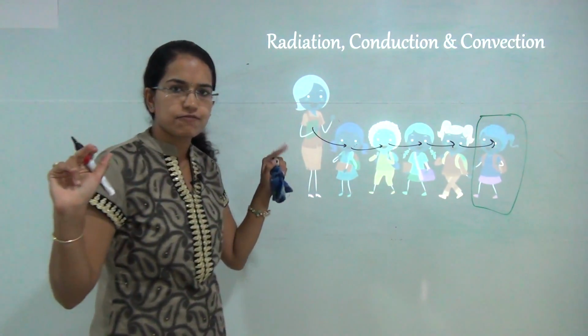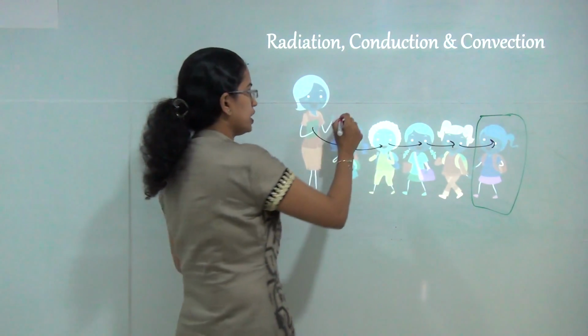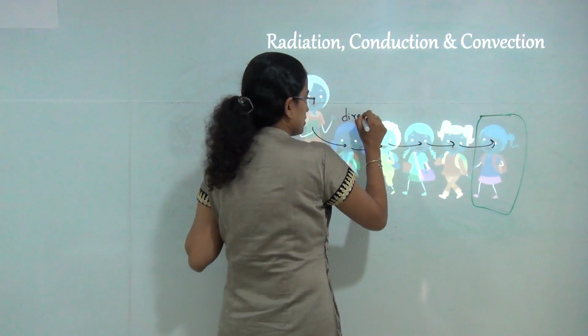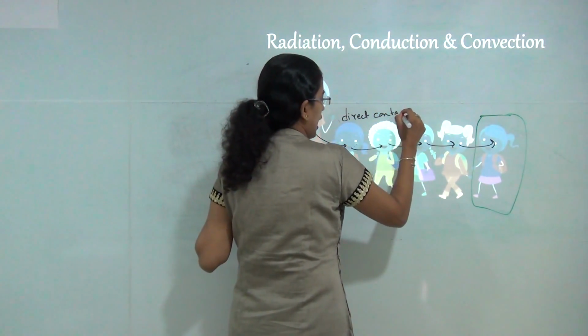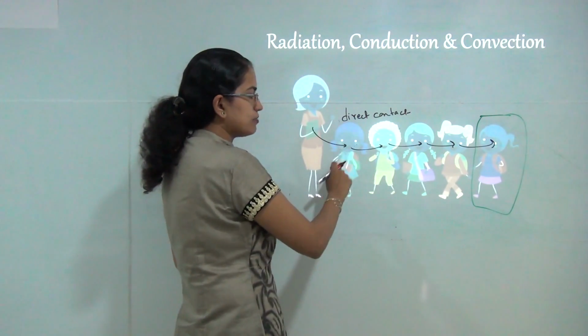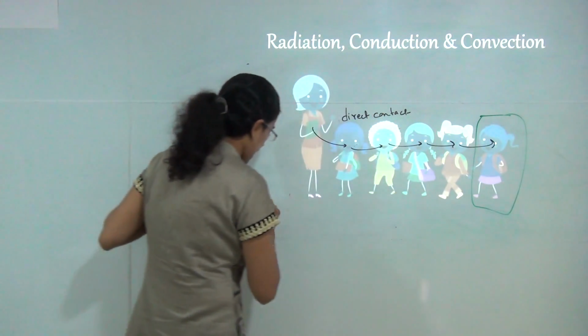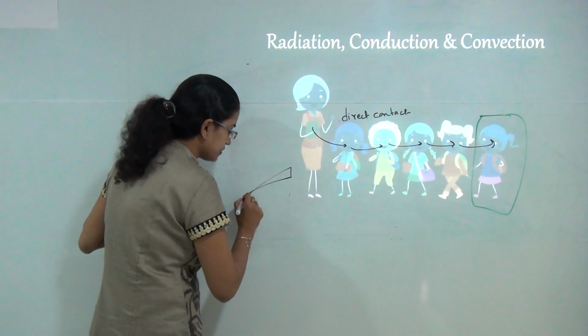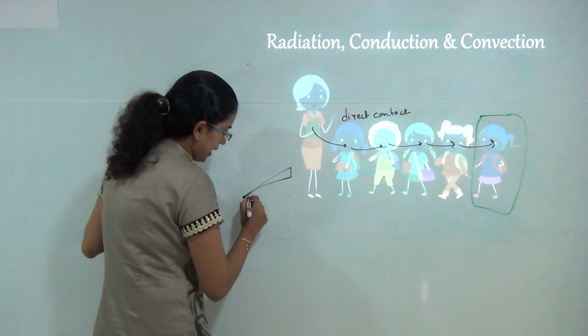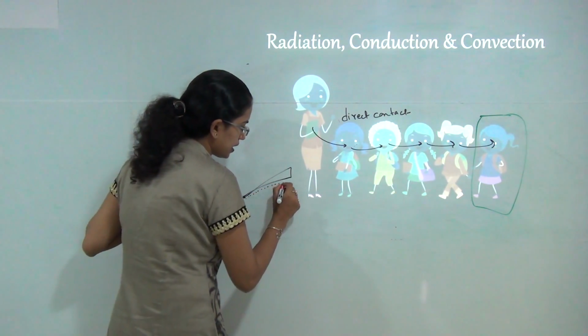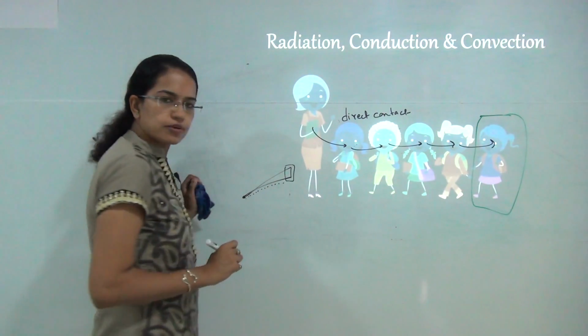In terms of heat, that is transfer of heat by direct contact. So directly you are handling the book and one person is giving it to the next, next to the next, and so on. If I have a metal rod which is heated at this end, by the conduction process it would slowly heat up till the end of the metallic rod.